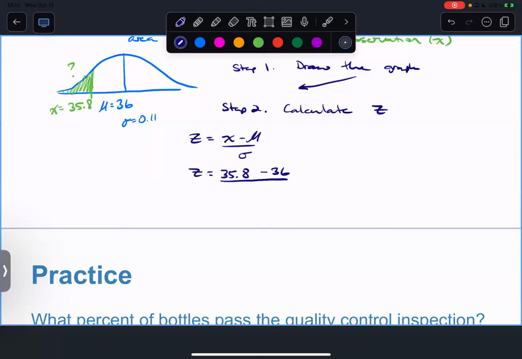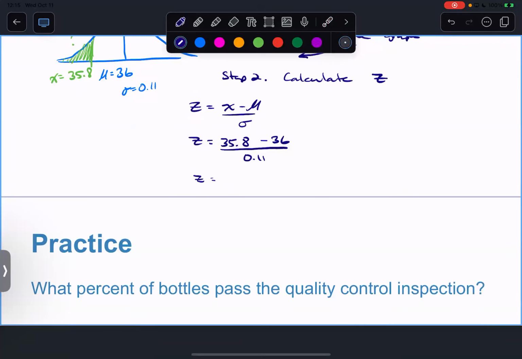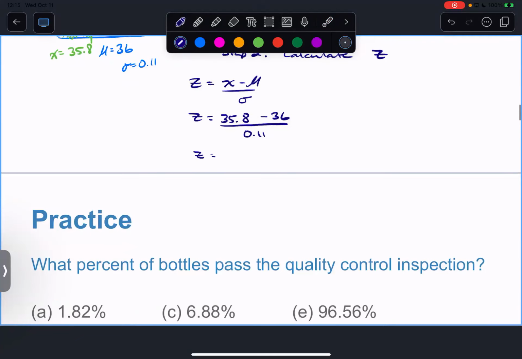How far is 35.8 from 36 with a standard deviation of 0.11? Well, it's going to be negative 1.81818 repeating.